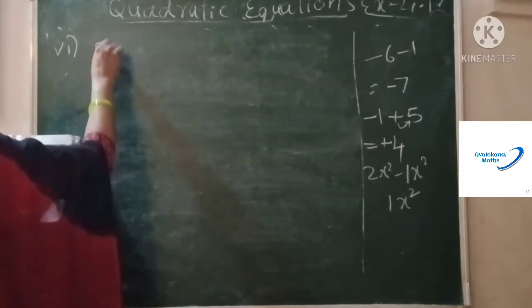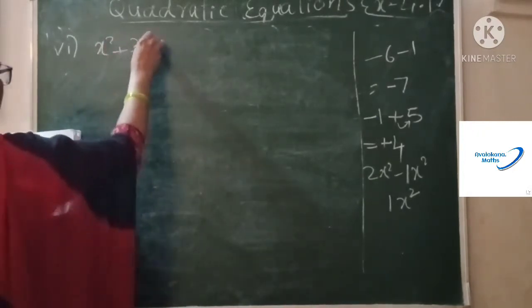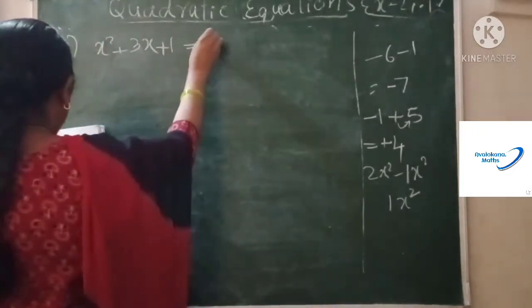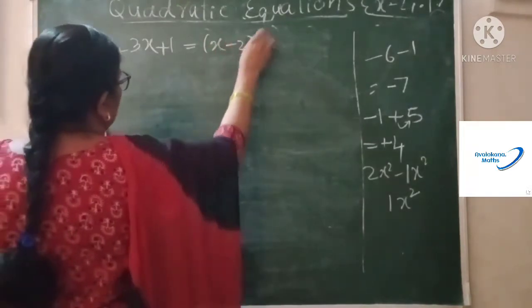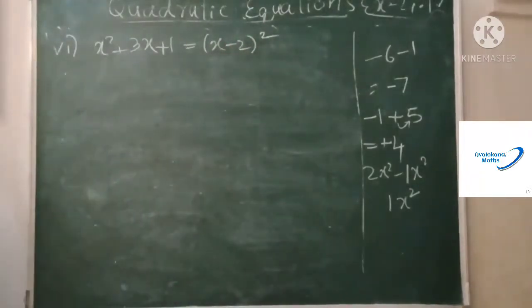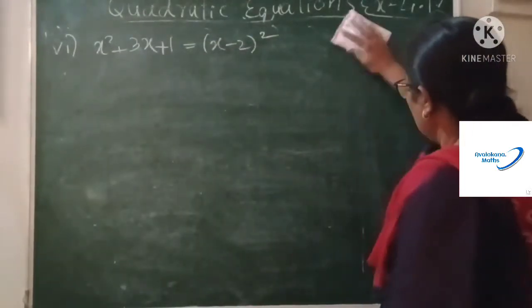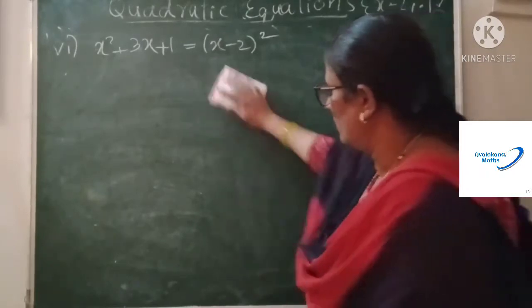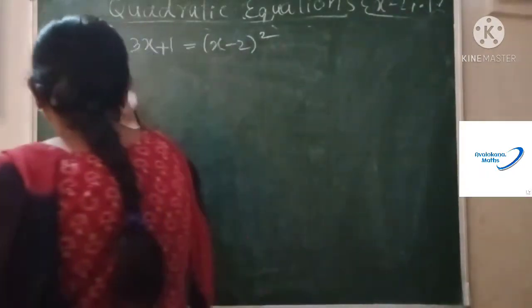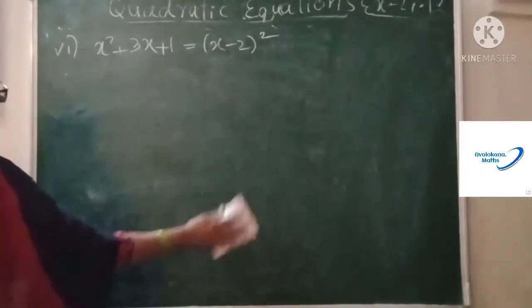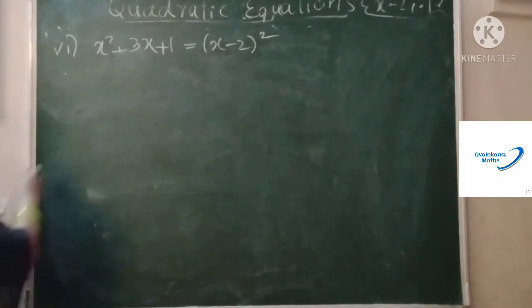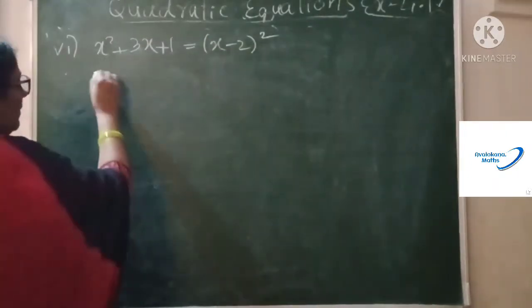Sorry, it is x square plus 3x plus 1 is equal to x minus 2 whole square. Very simple, no bracket multiplication. Only one thing you have here is this square one. Okay, the first problem also has the same thing. So now let us see. Nothing to explain, nothing to simplify here. So I am writing this one as it is.